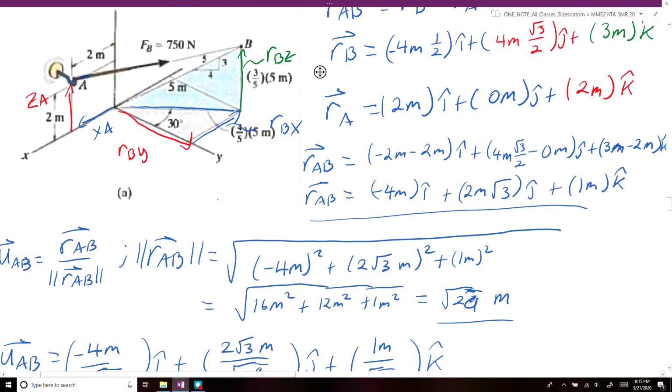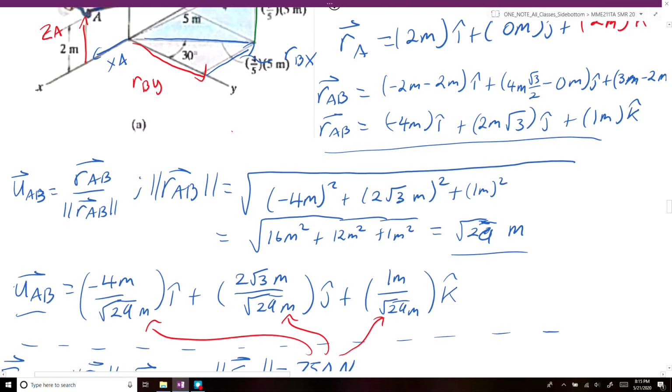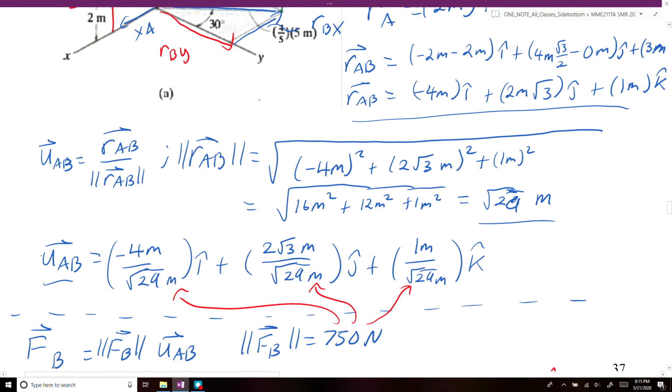Once you have that position vector, you can determine its unit vector by first determining the magnitude, or the length, of that position vector. Once you have that length, you can divide each of the components of the position vector by that length, and you'll get the unit vector from the point where the force starts to the point where the force ends.